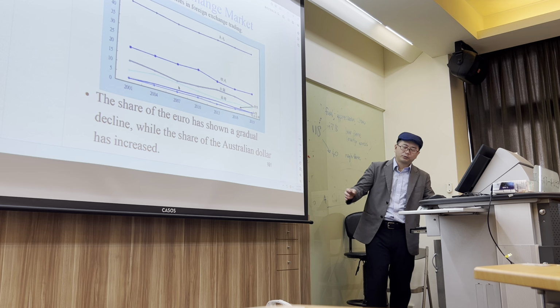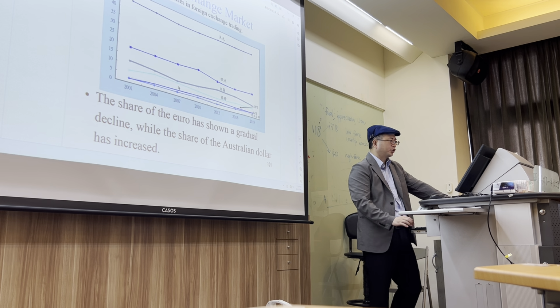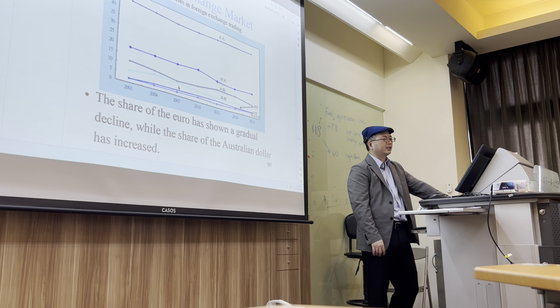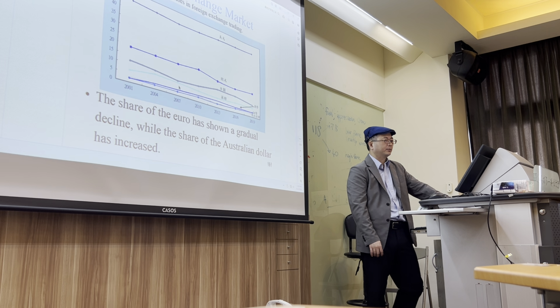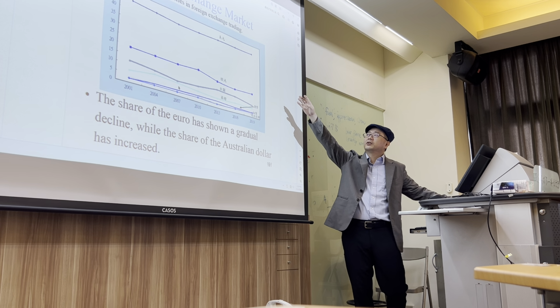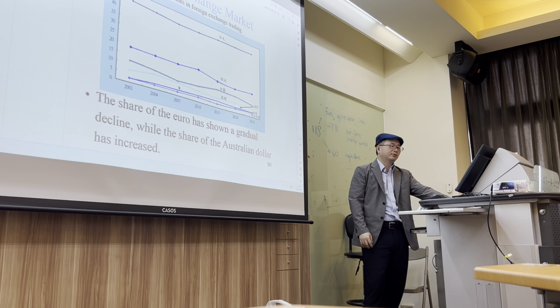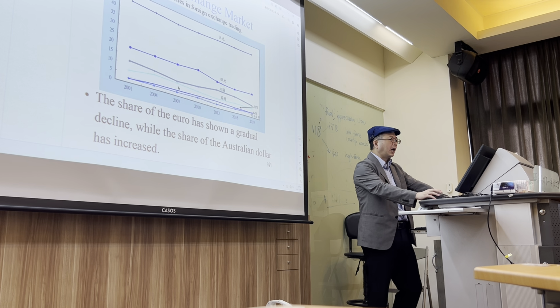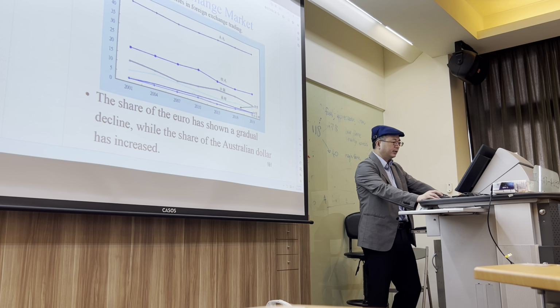And this graph is quite interesting because it shows you the holdings of the global currencies over time. As we mentioned before, the biggest holding globally is always the USD, right? And then we can see the Australian dollar kind of moving up and going down.